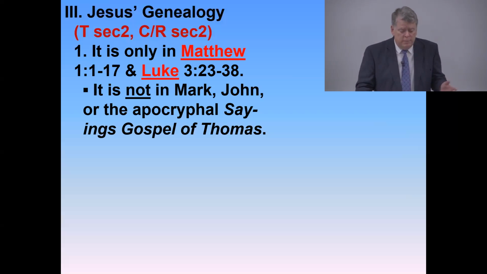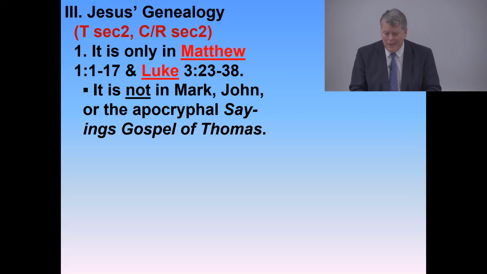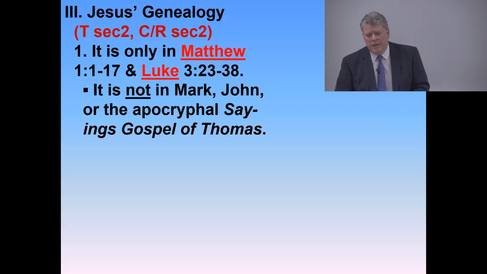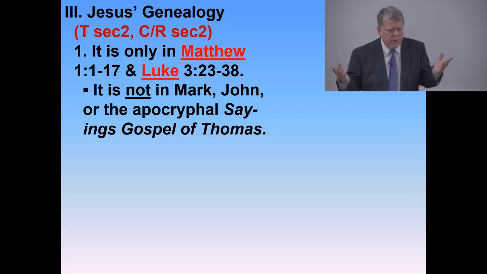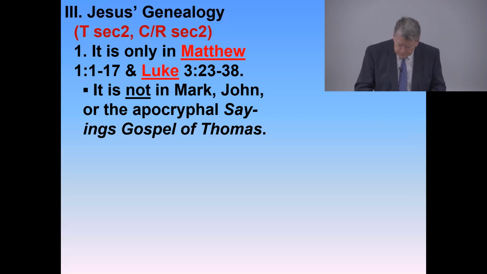But why is the genealogy not in Mark and John? I think the answer there is just the sovereignty of God. I don't think we have to come up with, or can come up with, a reason why each gospel says or doesn't say something, but just that God led Mark and John to focus on different things, right?